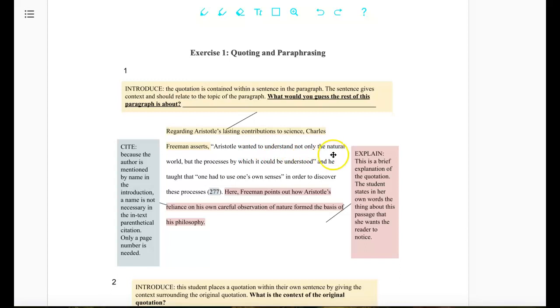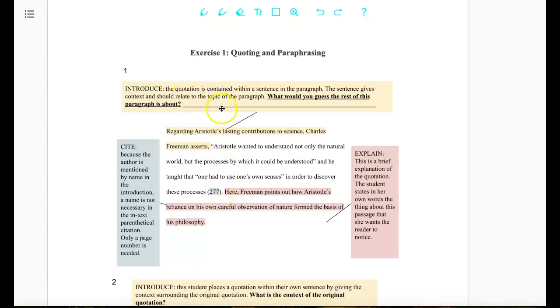Aristotle wanted to understand not only the natural world, but the processes by which it could be understood, end quotation. And he taught that, begin quotation again, one had to use one's own senses, end quotation, in order to discover these processes. Space, parentheses 277, end parentheses, and their end punctuation mark comes outside of those parentheses. Please take note of the way that this is punctuated. You need to imitate this exactly.